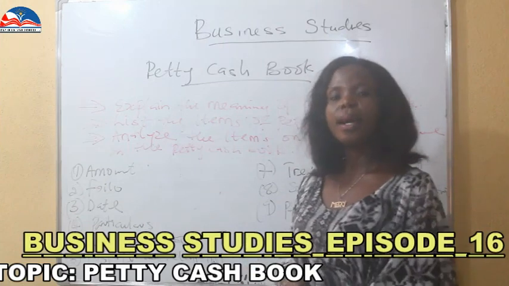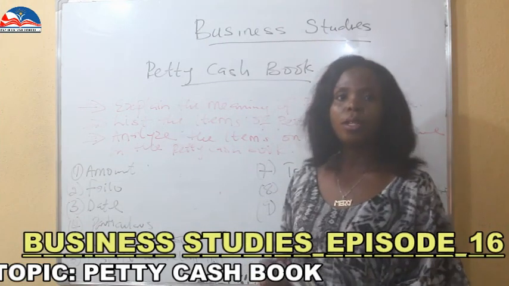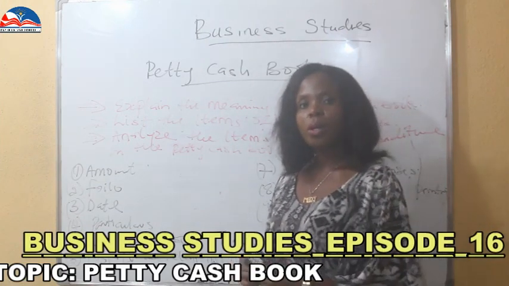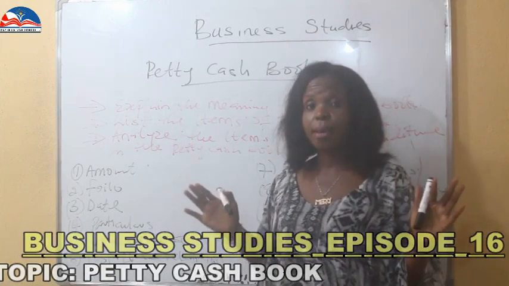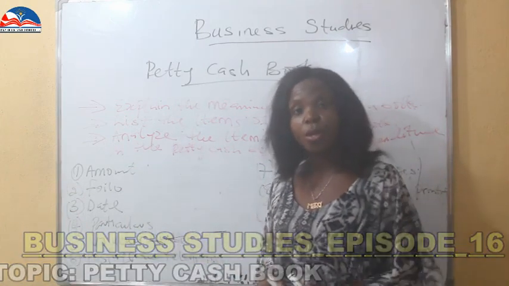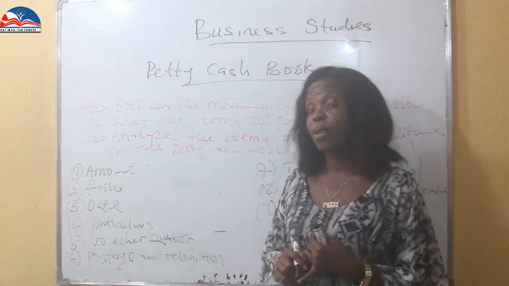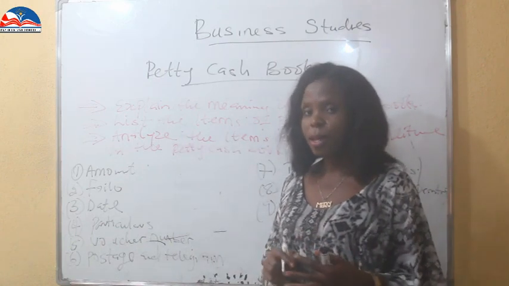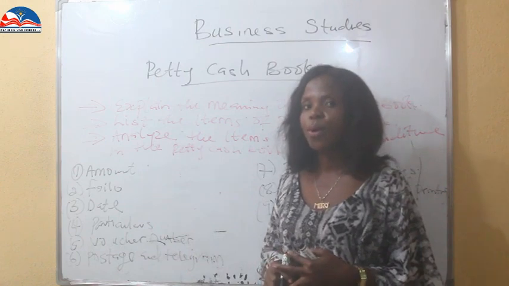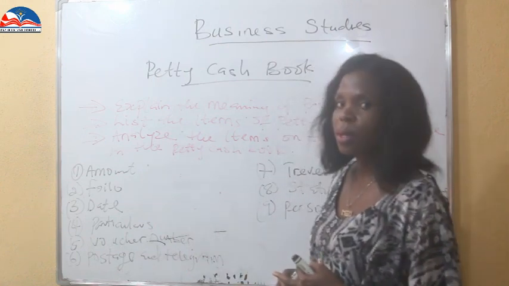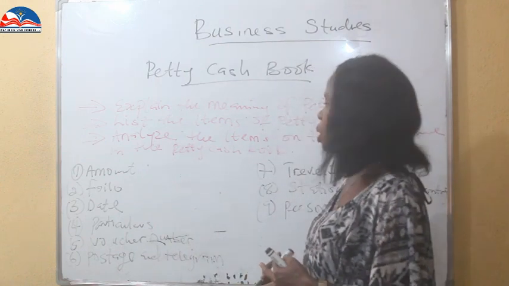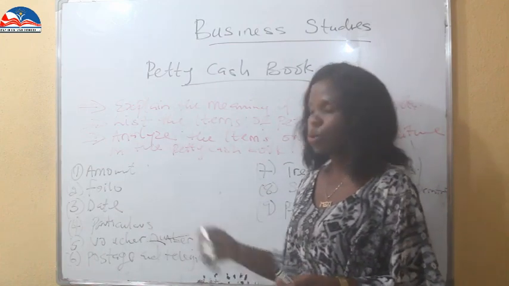Let's look at the items that are found in the petty cash book. You are going to understand these items more when I do entries on the petty cash book. That will be in our next class, when I will talk about the advantages of the petty cash book and then do a small example on items that we can post in the petty cash book. One, the amount.